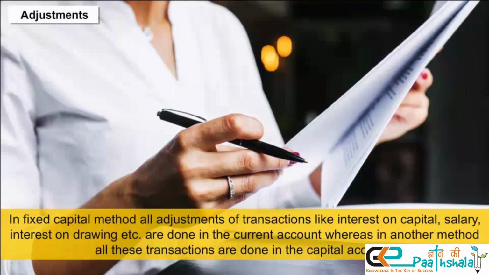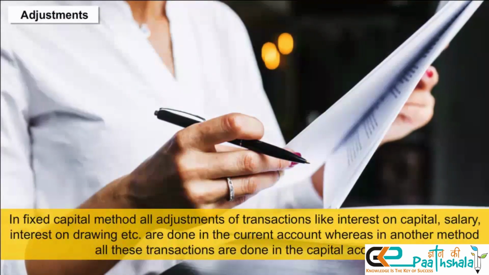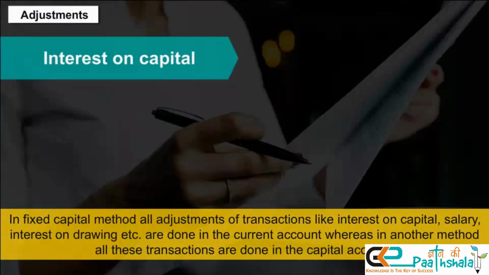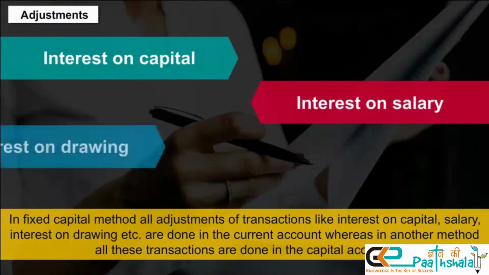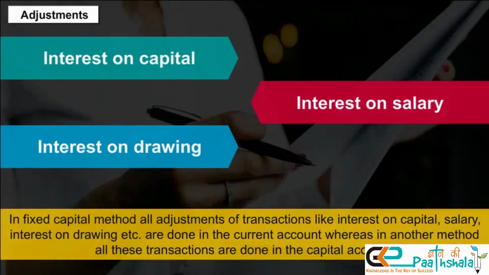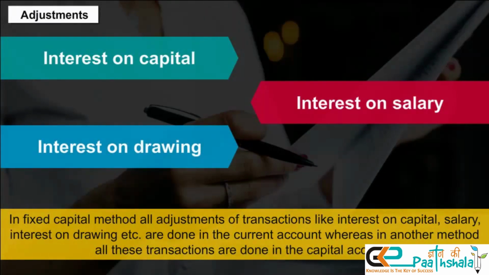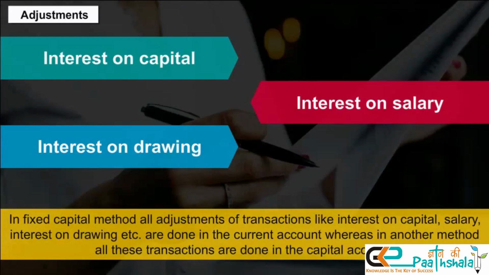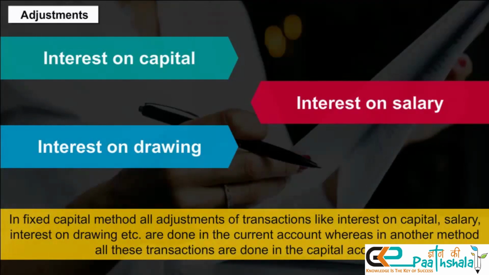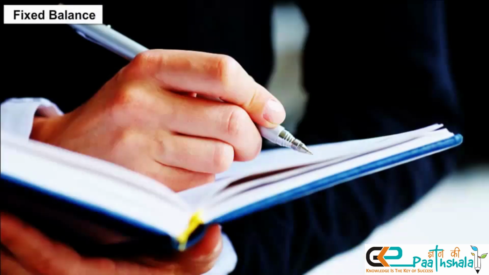Adjustments. In the fixed capital method, all adjustments of transactions like interest on capital, salary, interest on drawings, etc. are done in the current account, whereas in the other method, all these transactions are done in the capital account. Fixed balance.